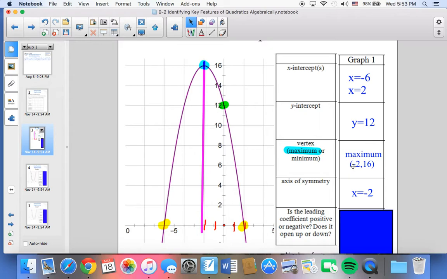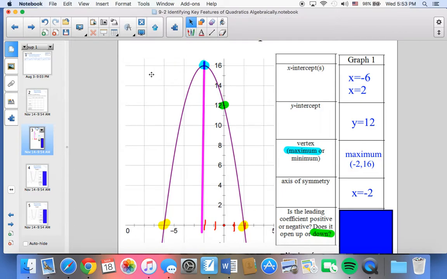Okay. Is the leading coefficient positive or negative? We haven't really talked about this yet, but since the parabola opens down, it looks like a frown rather than a smile. It opens down. The leading coefficient is going to be negative.